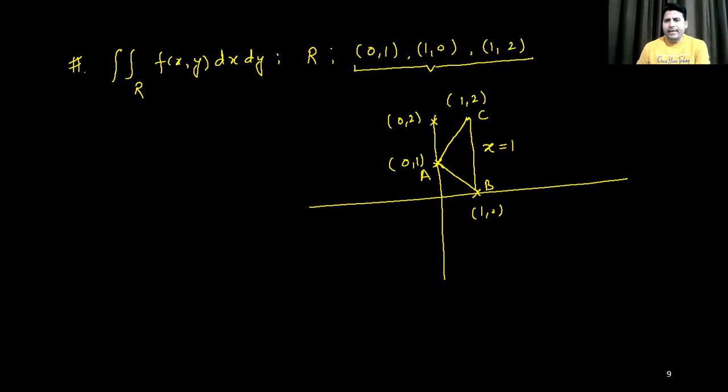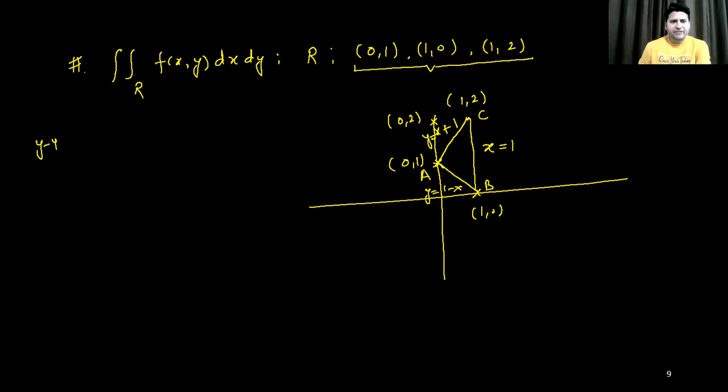So we apply the points (1,2) and (0,1), and just apply the formula. I'm directly writing the equations: y equals x plus 1 and y equals 1 minus x.